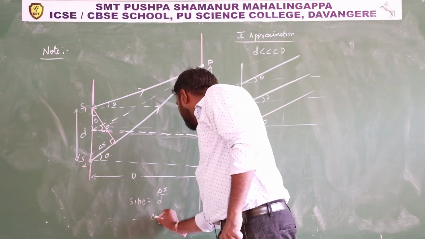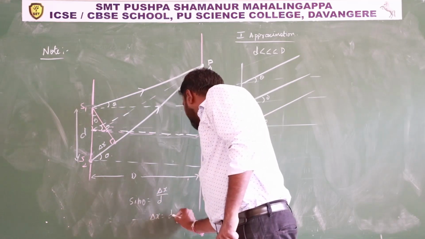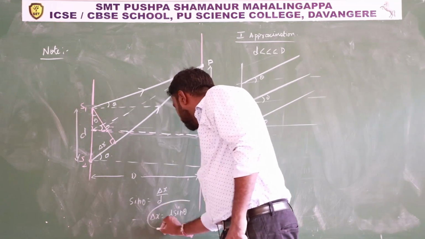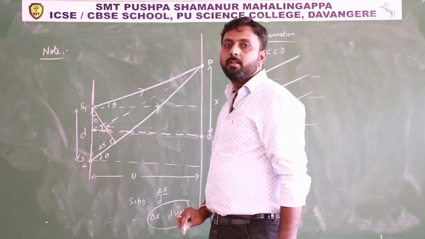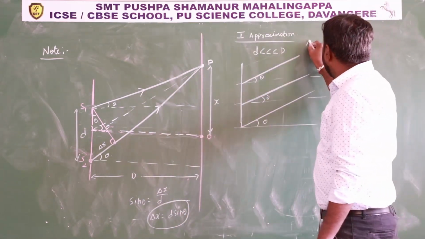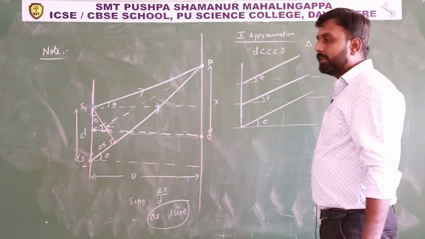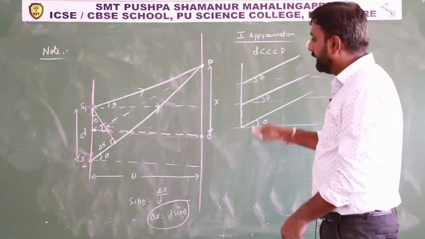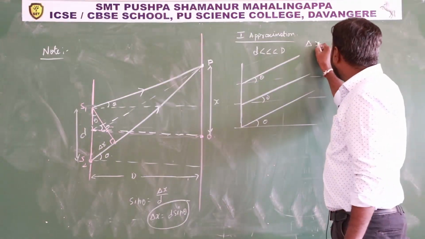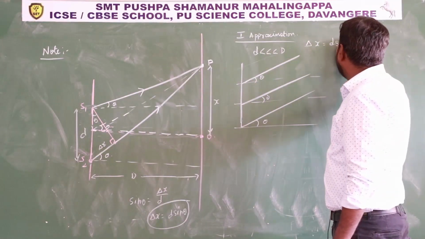Then delta x is equal to d sin theta. So the path difference is d sin theta. In the first approximation, if d is very much lesser than capital D, or capital D is very large compared to the distance between two slits, then the path difference becomes d sin theta.